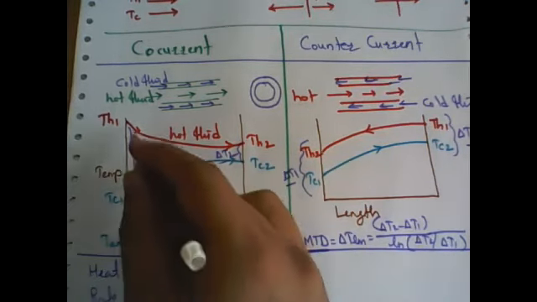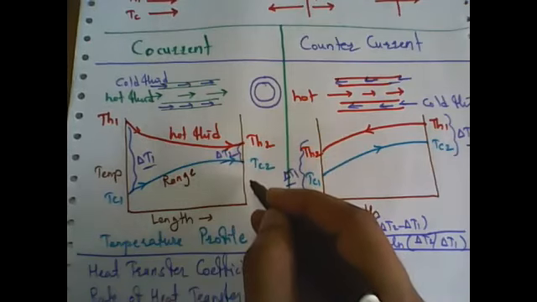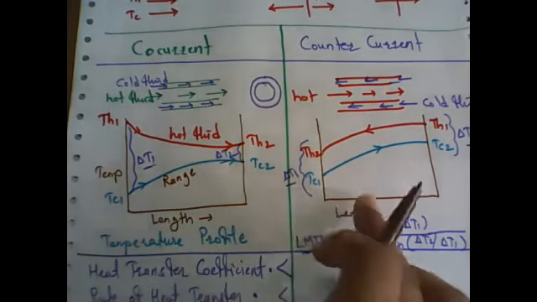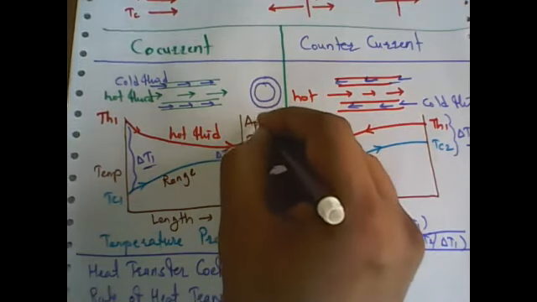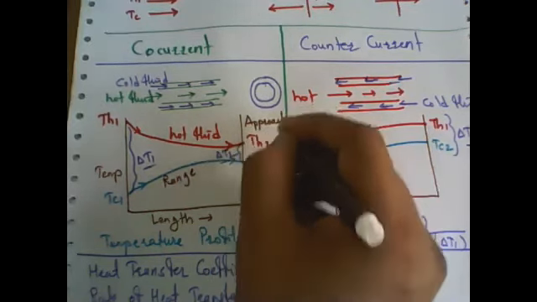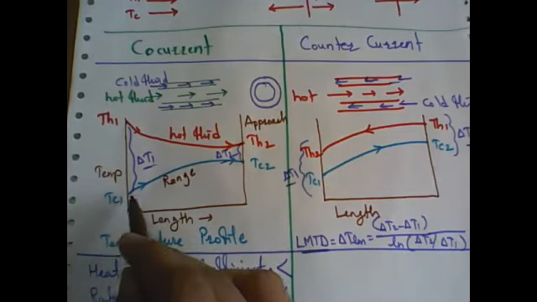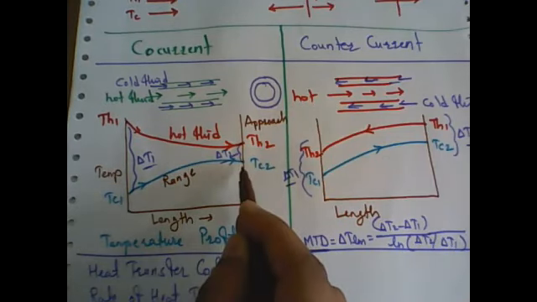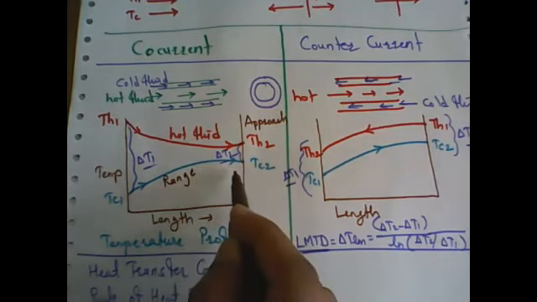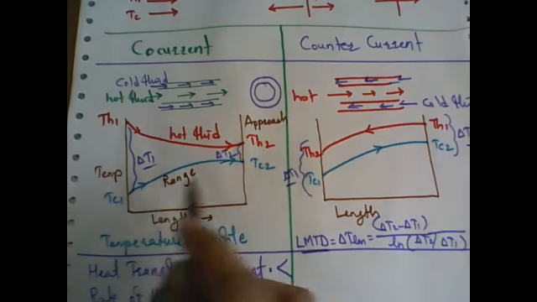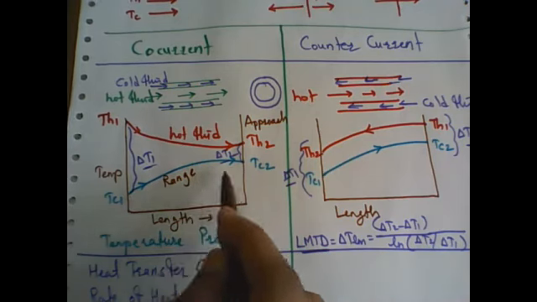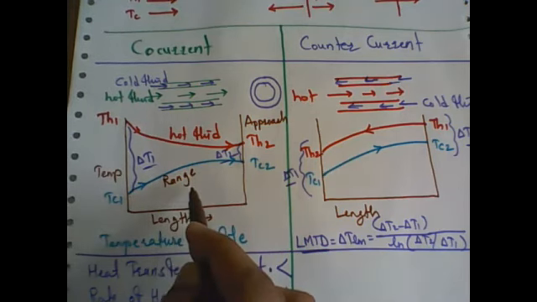And these delta T1 and delta T2 values, whether for co-current or counter current, are called approach. So if the temperatures are of the same fluid, that may be TH1 to TH2, that may be TC1 to TC2, then it is called range of temperature.